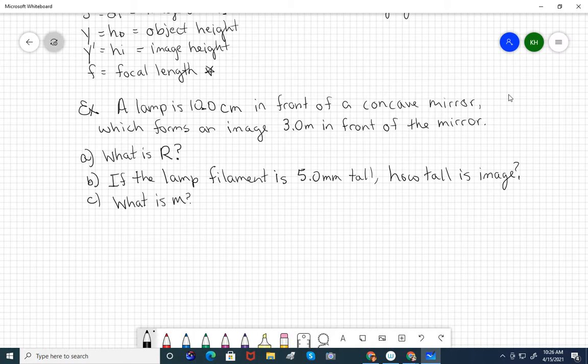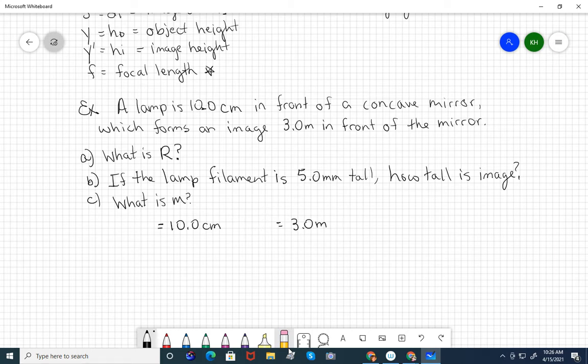A lamp is 10 centimeters in front of a concave mirror. So they start off by telling me that the object distance is 10 centimeters, and the image distance is 3 meters. Now, our equation tells us, and I just used the wrong symbols, I'm so sorry.